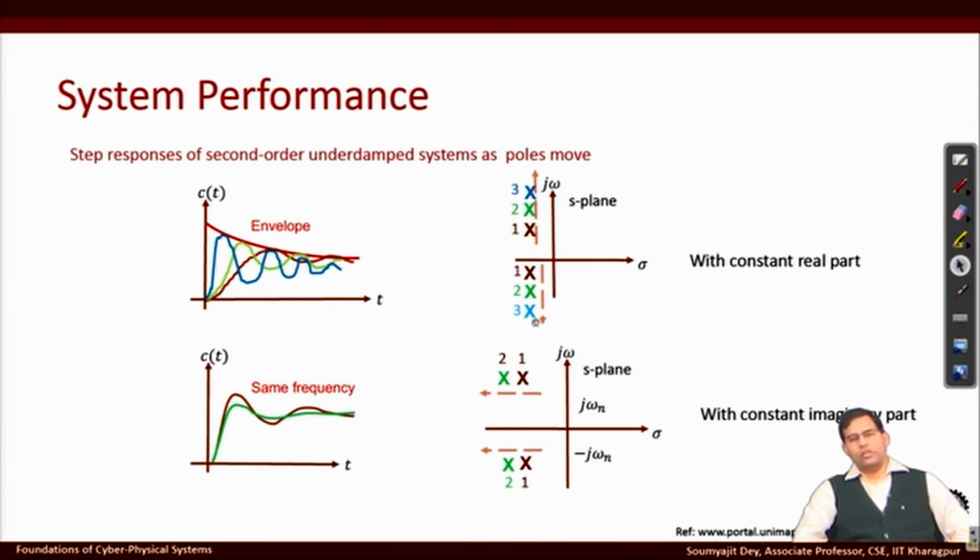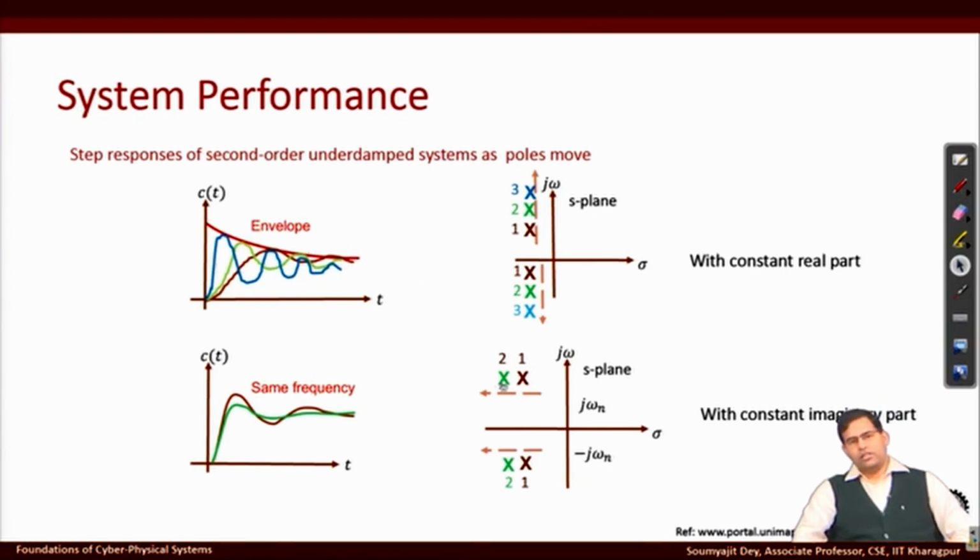That means the value of the imaginary part is increasing. If that increases, then looking at the corresponding curves, you are getting responses with a higher amount of oscillatory behavior, more frequent oscillations in the response. But since the real part is the same, the damping envelope is exactly the same for all these curves.